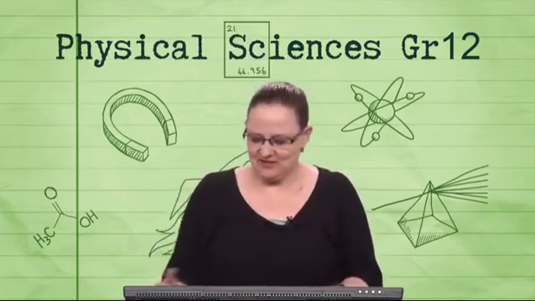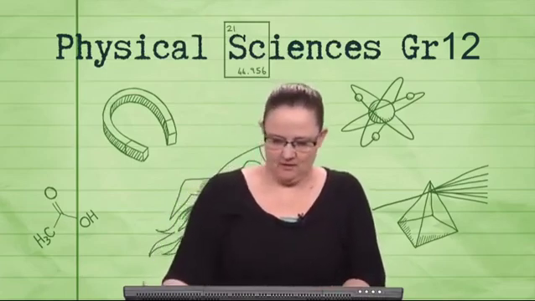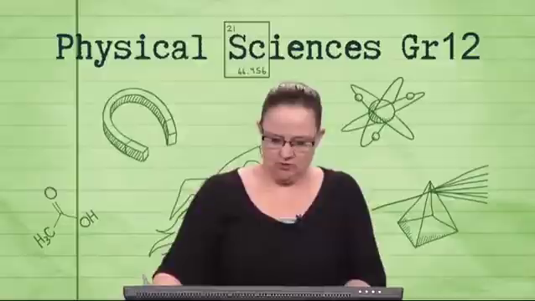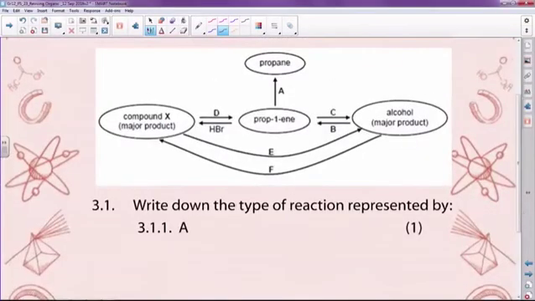All right, grade 12. So let's see how we did. So 1A we said was addition. Now, if you wrote hydrogenation, I'd be happy with that, but they didn't want to know what type of addition. Keep it nice and simple.